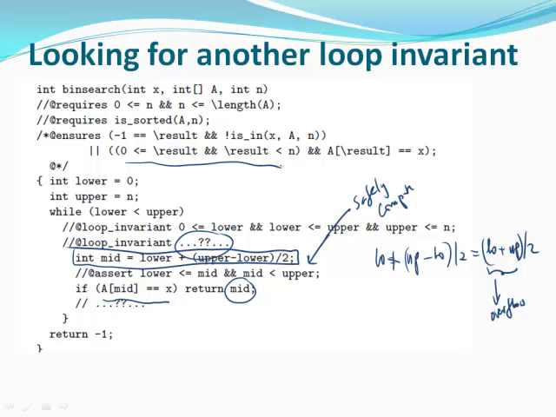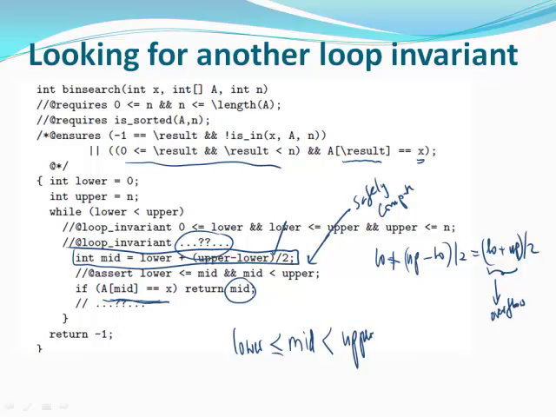Now with the current loop invariant, we should be able to prove that if it returns a mid, then since we know the mid is greater than or equal to lower and strictly less than upper, the mid returned as a result should be equal to x.